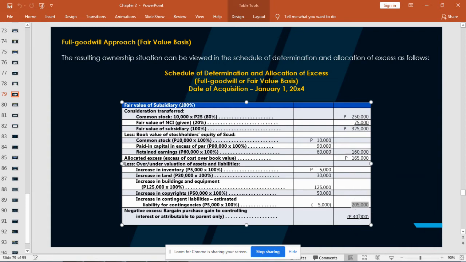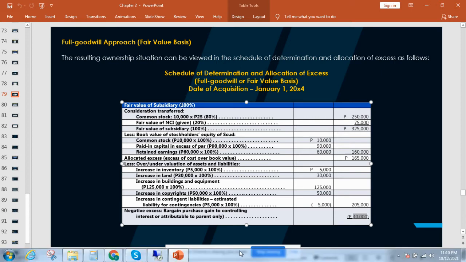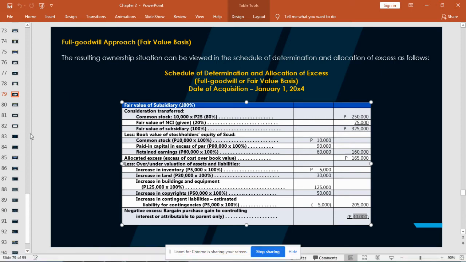Our negative excess or bargain purchase gain would be 40,000. So negative excess, bargain purchase gain to controlling interest attributable to parent only. Okay? So walang share si non-controlling interest dyan. Right?